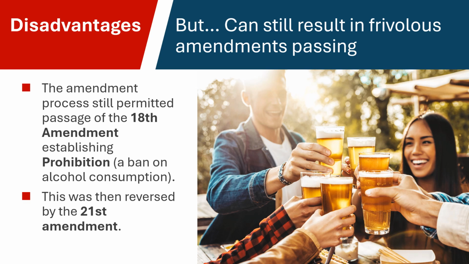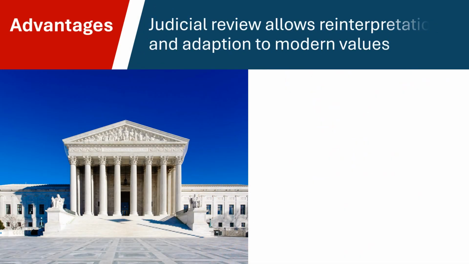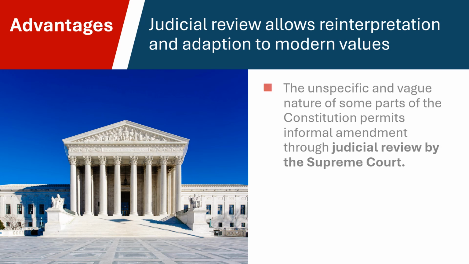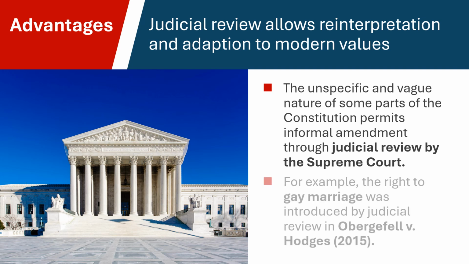A final advantage of the current amendment process is that review by the Supreme Court allows reinterpretation and adaptation to modern values. The unspecific and vague nature of some parts of the Constitution permits informal amendment through judicial review. For example, the right to gay marriage was introduced by judicial review in Obergefell versus Hodges in 2015.